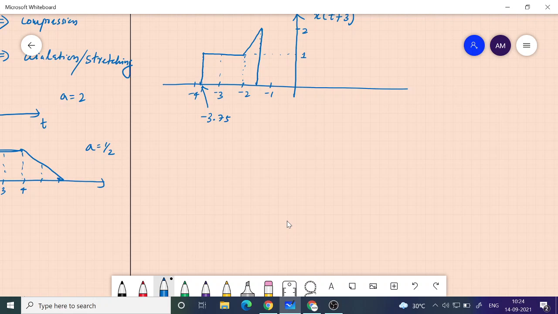For 1.75 duration it remains at 1, and then for half a duration it goes to 2. What I did is take the signal and shift everything by 3 units. Earlier the signal started at minus 0.75, now it is shifted to minus 3.75. There is no other transformation involved, only shifting.